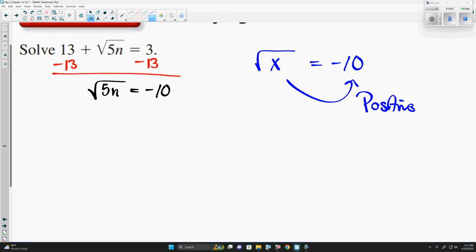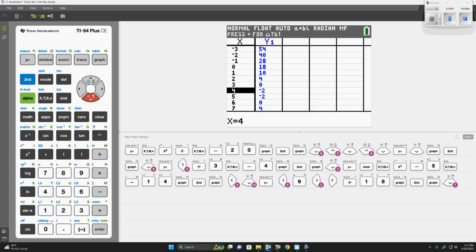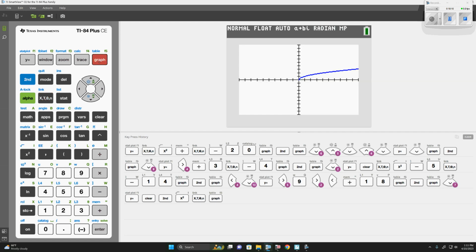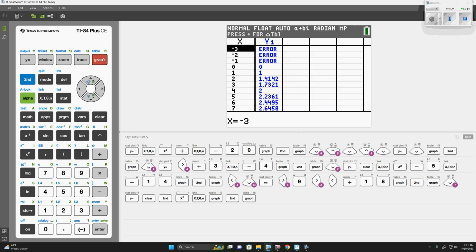Now, I didn't show this in the other classes, but if we looked at just the square root function, square root of x, the only place that this actually shows up and has values is on the positive x-axis. The only values of x that we can plug in to a square root are positive.